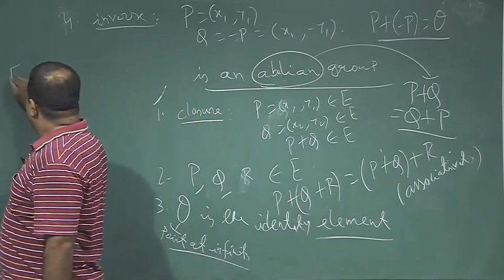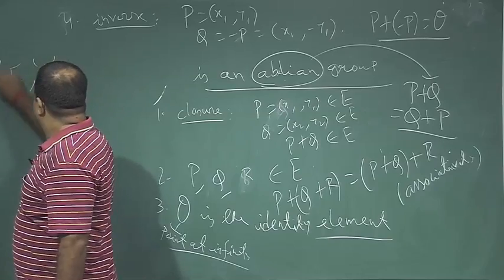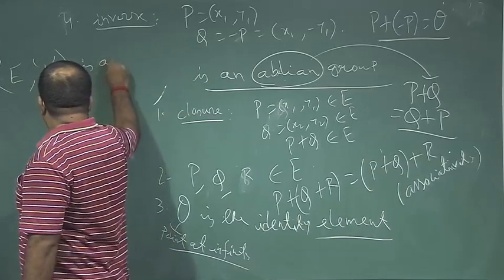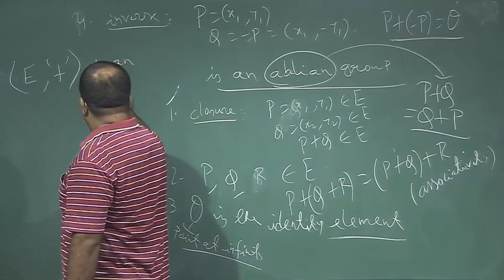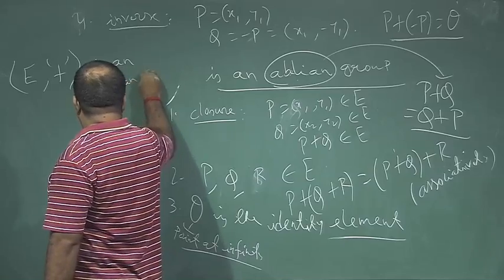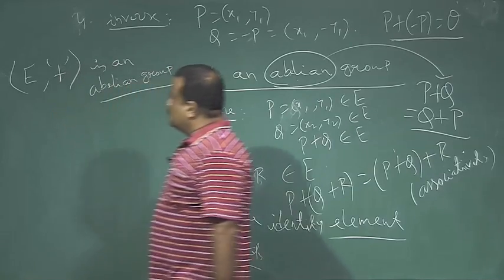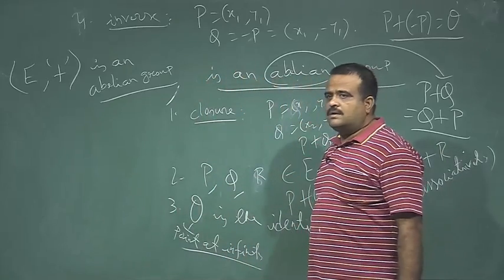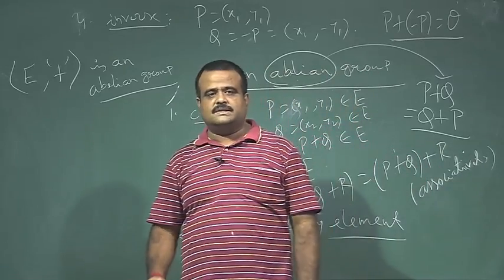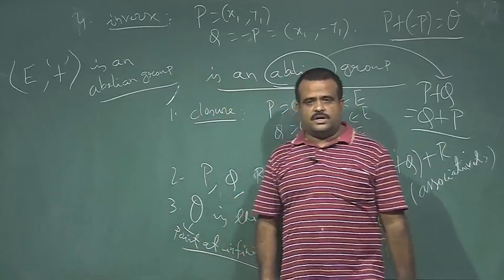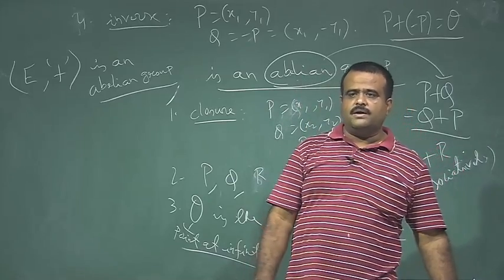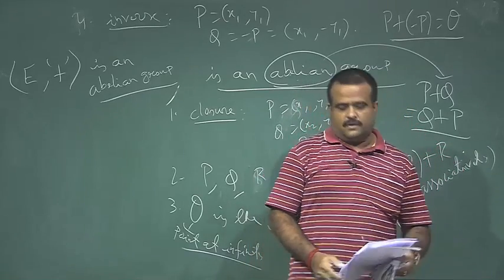So, E along with this operation is an abelian group. Okay. So, this is over R. So, in the next class we will talk about how we can get these points over Zp. Okay. Thank you.